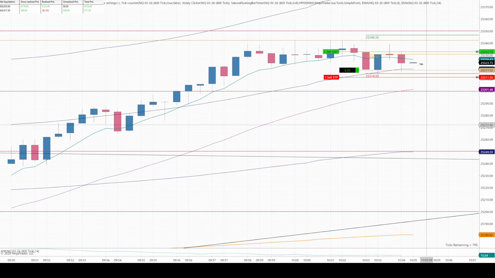Okay, can we get a bounce up now? Buyers are trying to defend the standard deviation level here. Sellers are trying to push through it.